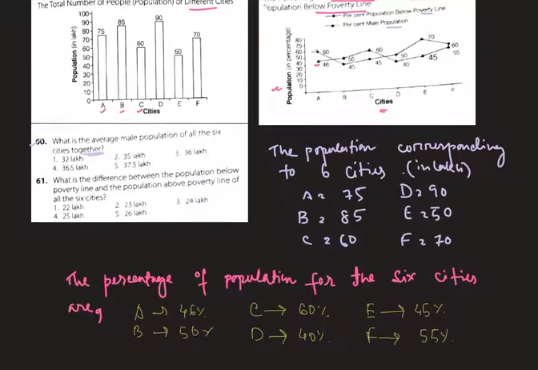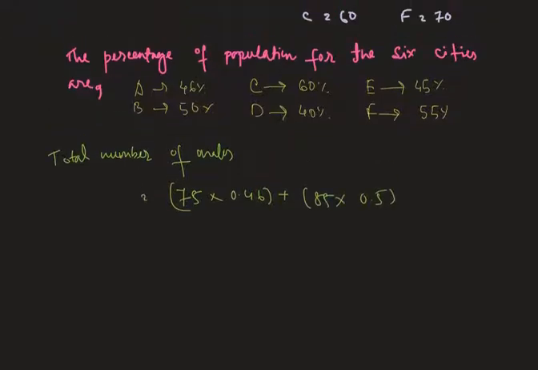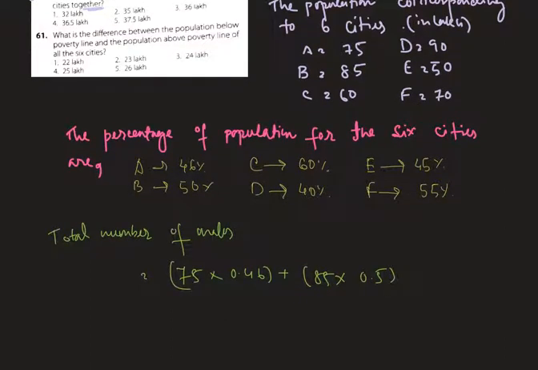Okay, therefore the total number of males is equal to 75 into 0.46 plus 85 into 0.5, as we already know that 75, 85 are the total population, and we are given that 46% of the total population in a city is male.